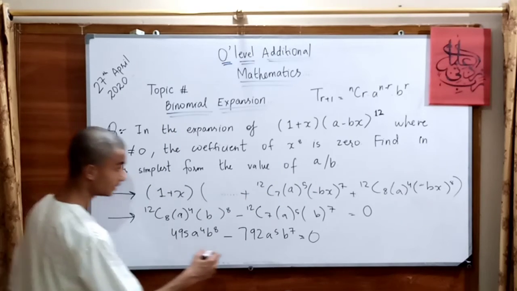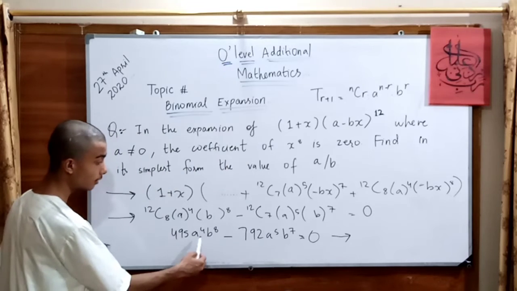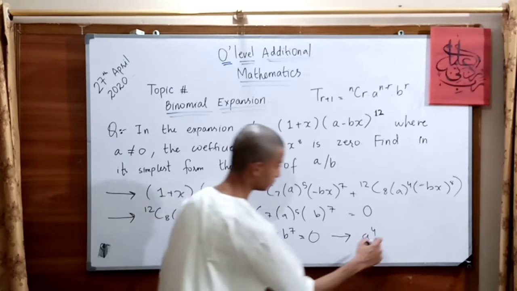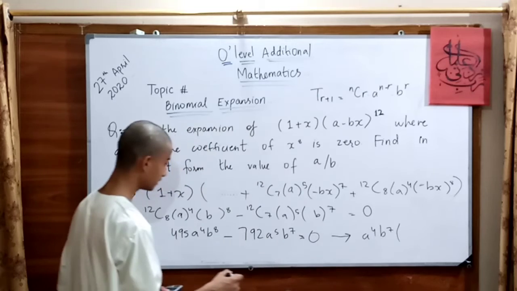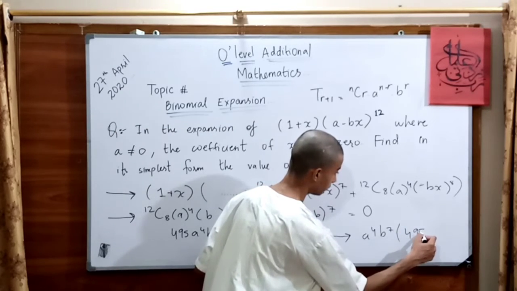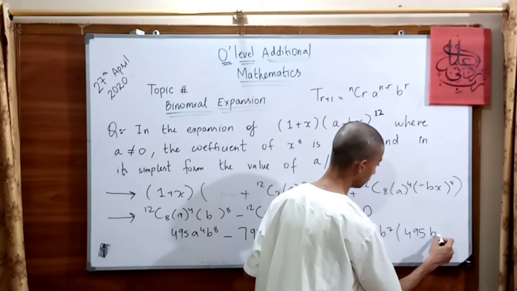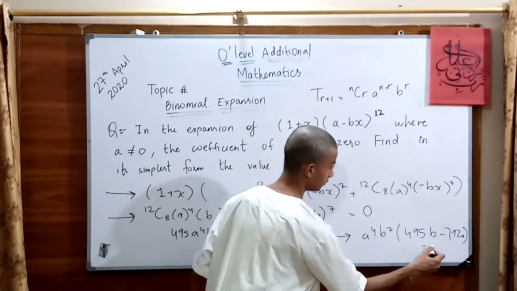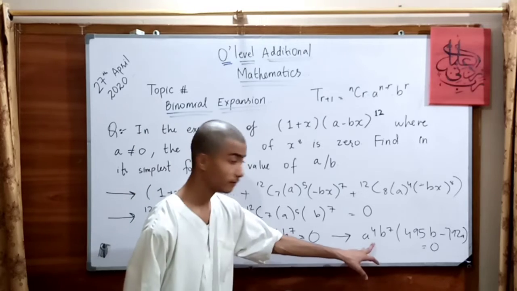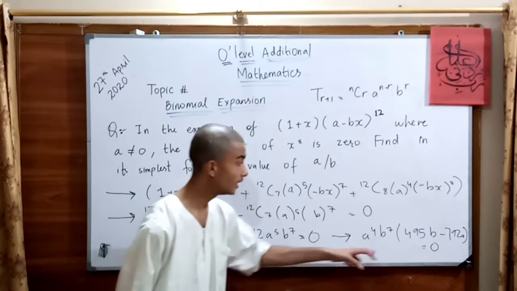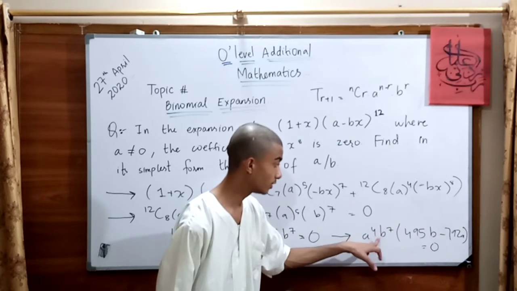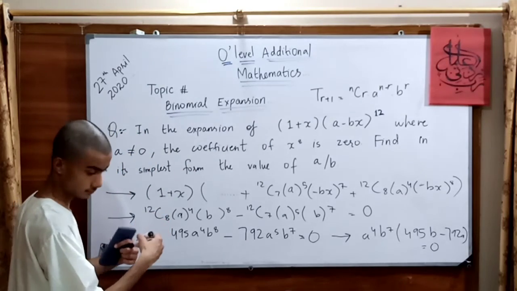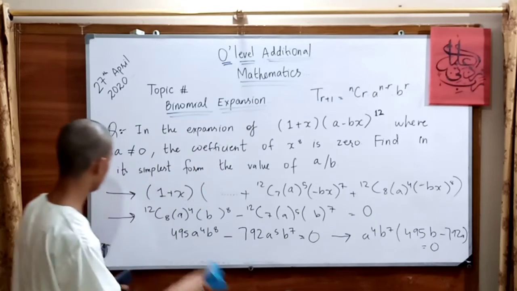In the third step, when we take a and b common, we basically get a to the power 4 and b to the power 7 common, and the remaining coefficient is equal to 0.